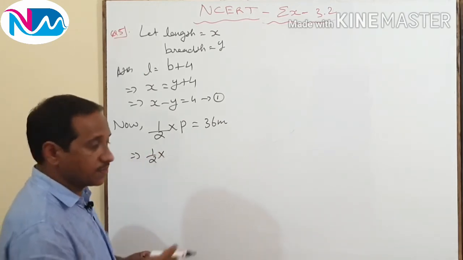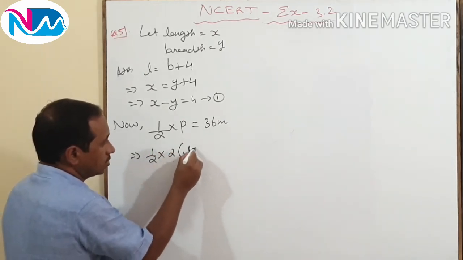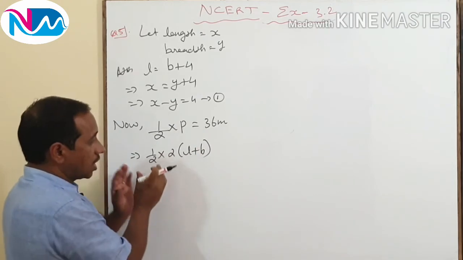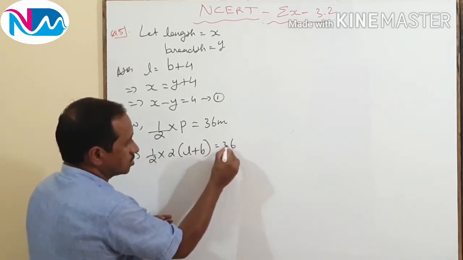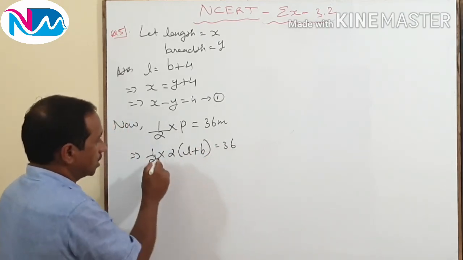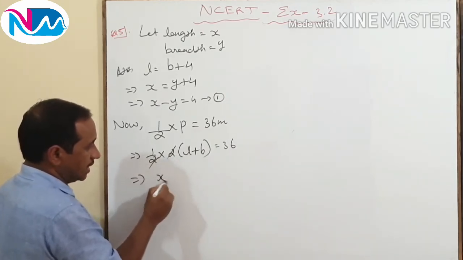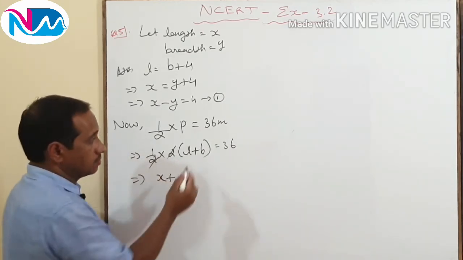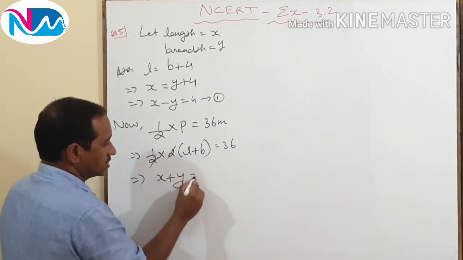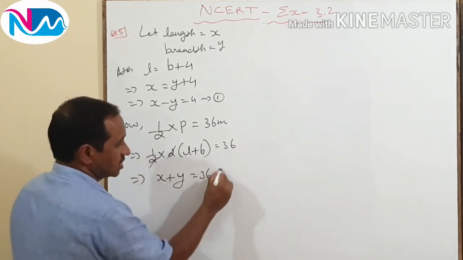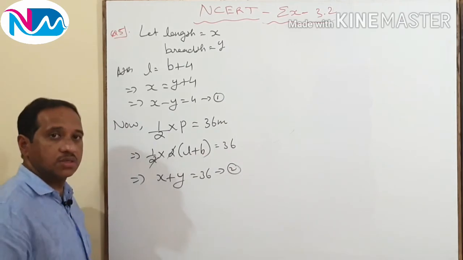The formula for the perimeter is 2 into (length plus breadth). Half the perimeter is equal to 36. 2 and 2 will be cancelled. So here we get length x plus breadth y is equal to 36, which is equation number 2.